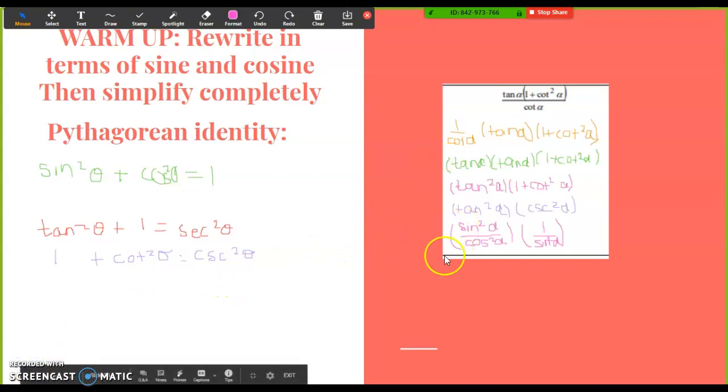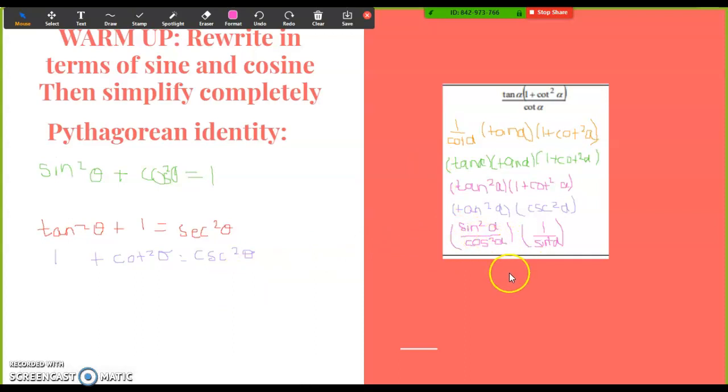Okay, let's see if you got all the way down to my step here where I convert it in terms of sine and cosine. So what I did is I separated this whole fraction out. I pulled out the cotangent of A, and so I had 1 over cotangent of A in the denominator times the tangent of A that's in the numerator times 1 plus cotangent squared of A. My next step is I looked at 1 over cotangent of A and I just realized, hey, that's just tangent of A, right?